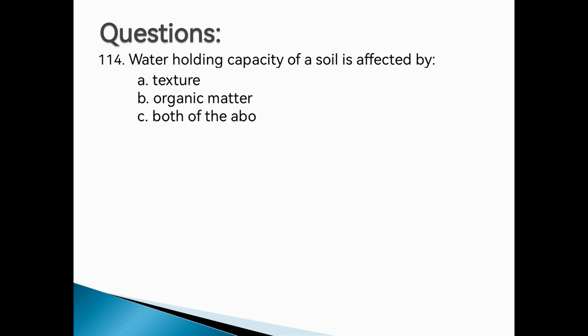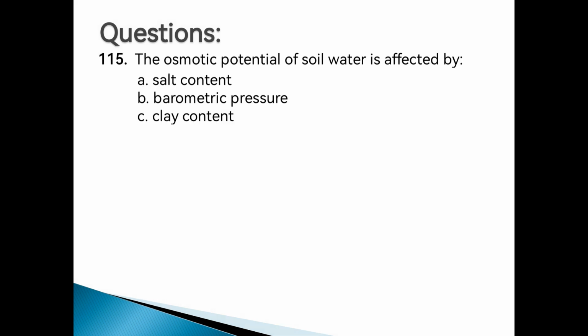micropores. Question 114. Water holding capacity of a soil is affected by A. texture, B. organic matter, C. both of the above. The correct answer is C. both of the above. Question 115. The osmotic potential of soil water is affected by A. salt content, B. barometric pressure, C. clay content.